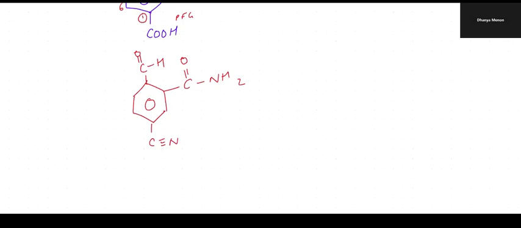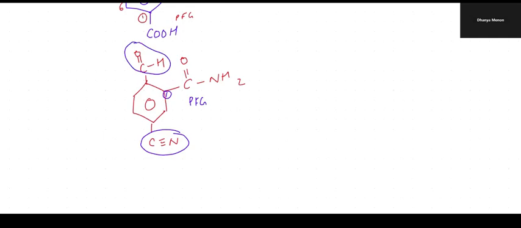Now here also there are 3 functional groups, but only one can be the primary functional group. That is nothing but the amide. So definitely this carbon will get number 1 position. And the cyanide has become the substituent and aldehyde has also become a substituent. So they are now just substituents.